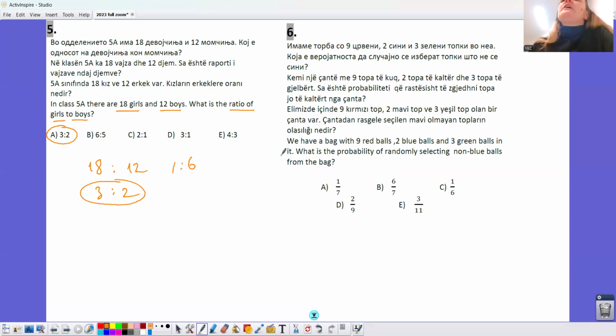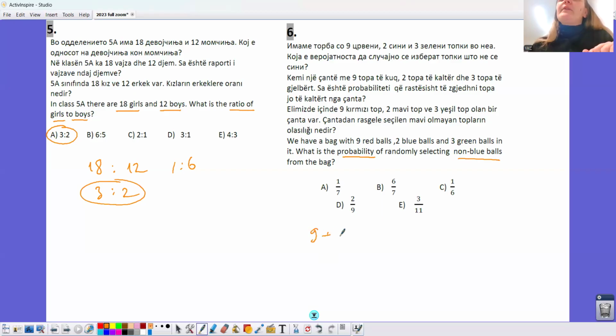Now, the sixth one: we have a bag with 9 red balls, 2 blue balls and 3 green balls in it. What is the probability of randomly selecting a non-blue ball from the bag? Firstly, we need to find how many balls we have in total.